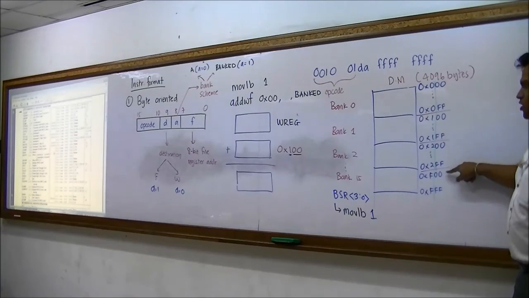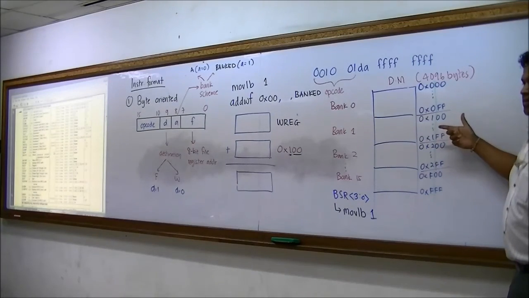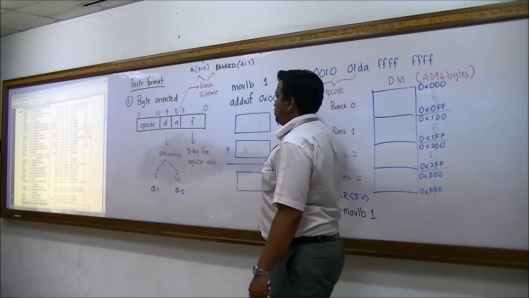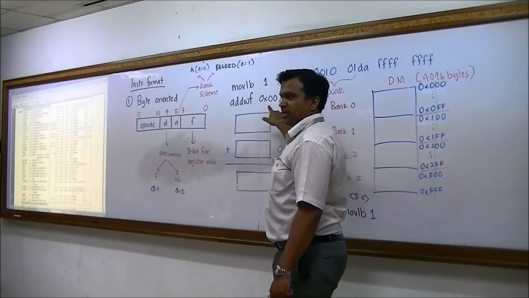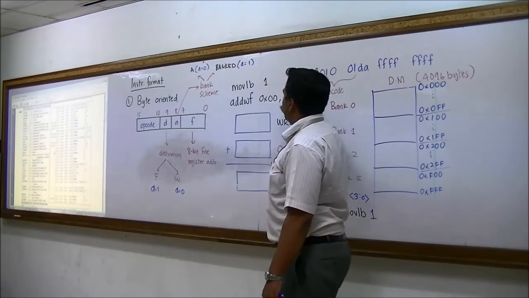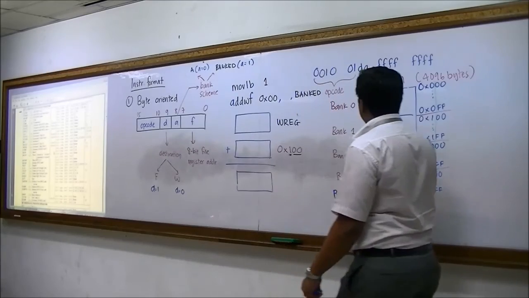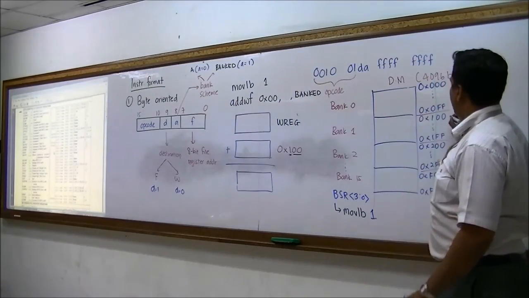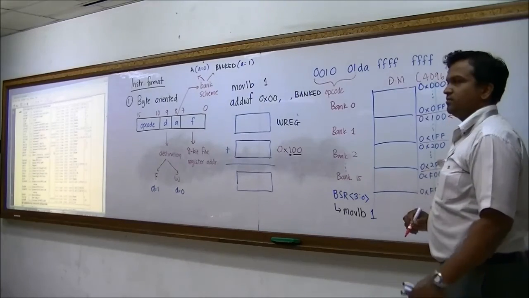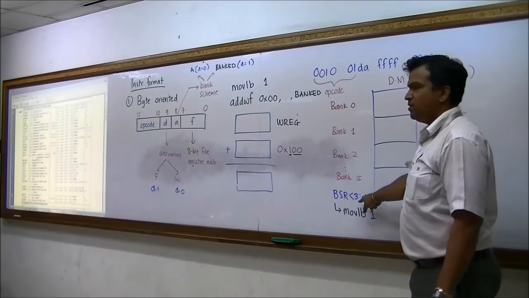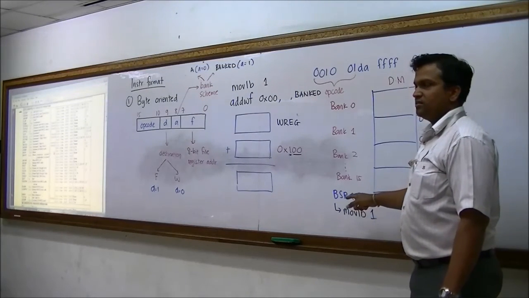But the 00 from which bank? Then the CPU will check: are you using the bank scheme? Yes. Then which bank? Bank 1. So what happens? 1, 0, 0. So you will have access to this location. Here is 8 bits. Here is how many bits? Total is 60.